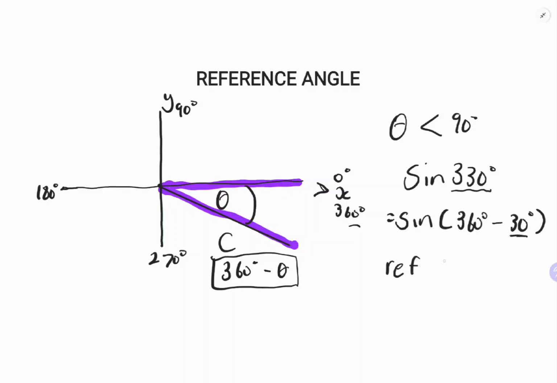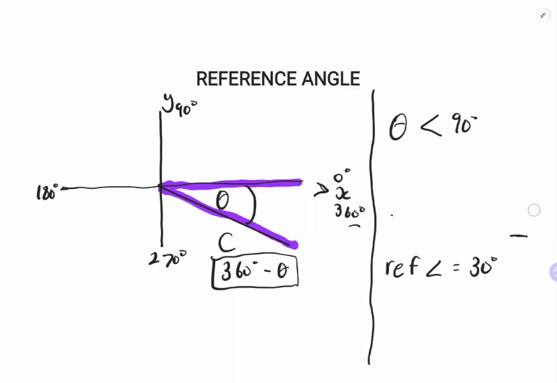So the reference angle is 30 degrees in this particular situation. Let me just draw a line to make things neater. We can see that it is less than 90 degrees. The reference angle, you must know, is always less than 90 degrees and is between the x line and the radius line.